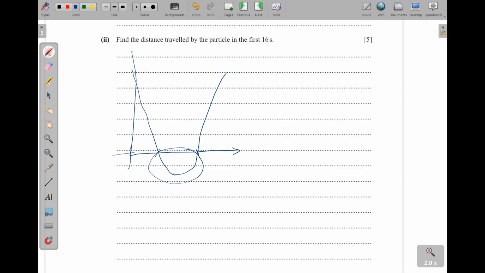So when you integrate right from here up to this other time, it is going to be wrong, because the negative part is going to subtract itself off from the positive ones. So you have to find the times when the speed is 0. You look at each part individually, but then you put the modulus signs to make it positive. So distance is a scalar quantity. It cannot be negative, okay?